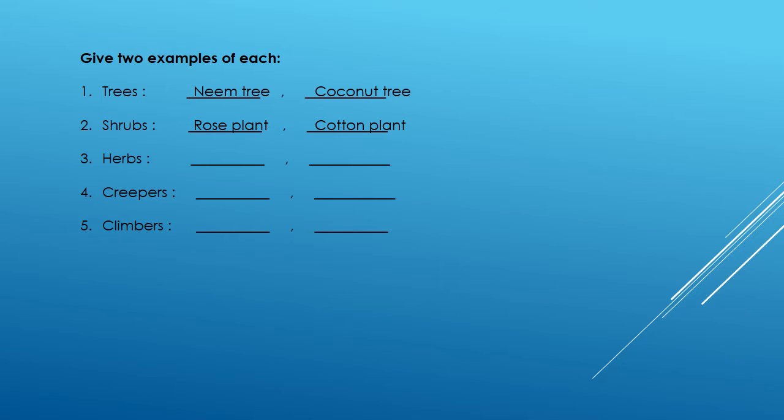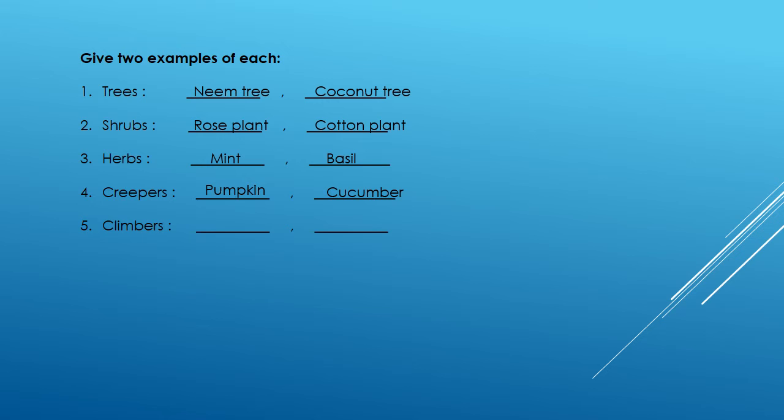Third, herbs. Two examples of herbs are mint and basil. Fourth, creepers.